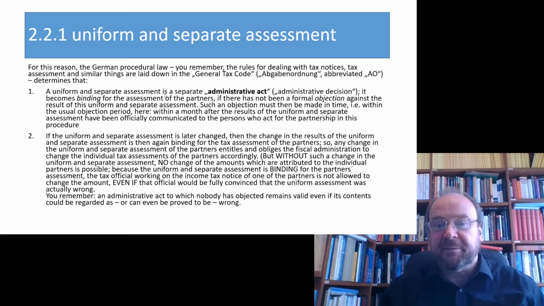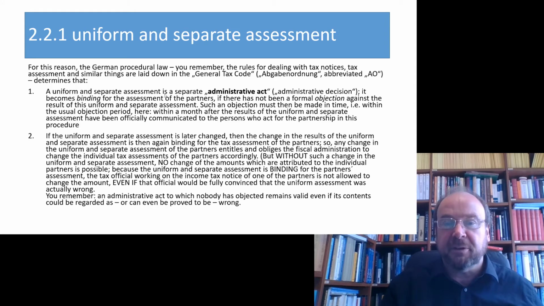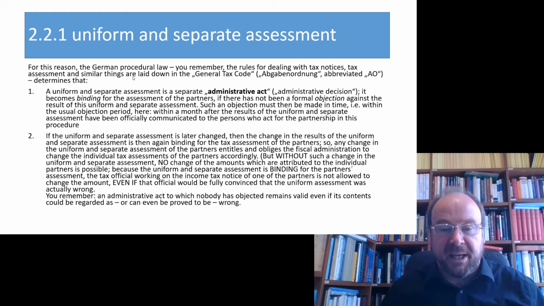But the decisive thing is the partnership profit can only be taken over from the result of the Uniform and Separate Assessment. So what is written there is binding for your individual tax official, because otherwise the whole thing would end up in a complete mess and a chaos.